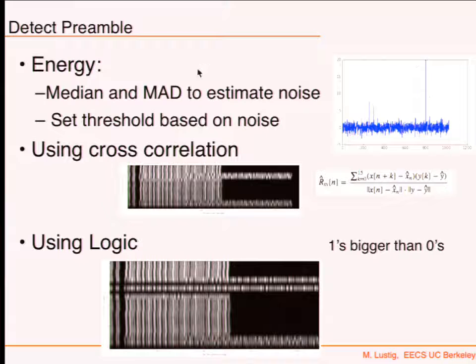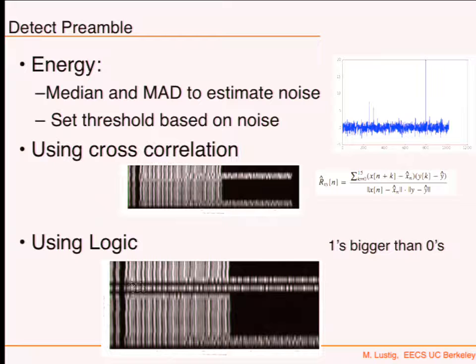So you're going to use an estimator that is insensitive, and guess what it's based on? The median, right? The median is insensitive to outliers. So you're going to compute that, and crop the packets based on some factor of the standard deviation, then get those, and look for the preamble.